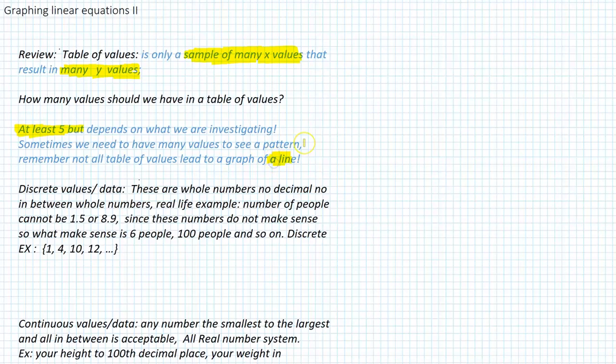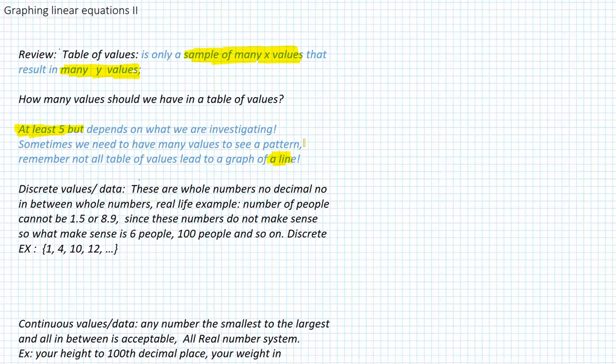Later on in higher grades, you realize that different tables of values give rise to different types of graphs, not a linear graph, not a line, but a curve, different types of curves. So it's very important that you realize that you do need many data sets or many tables of values, but not as many depending on the situation, and you go from there.